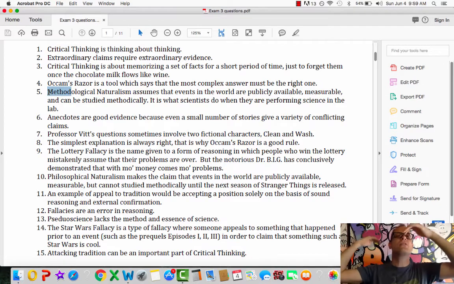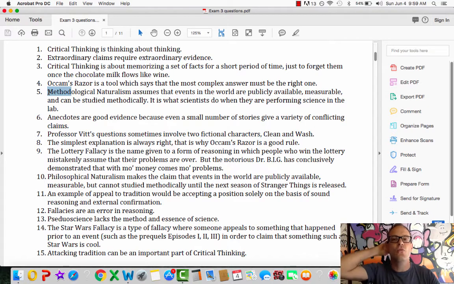So when a scientist goes into the laboratory, the scientist assumes, for purposes of doing the science, that the world is publicly available, it's measurable, and it can be studied methodically. Now, the scientist doesn't make that claim, right? But instead, the scientist is just assuming that it's true.